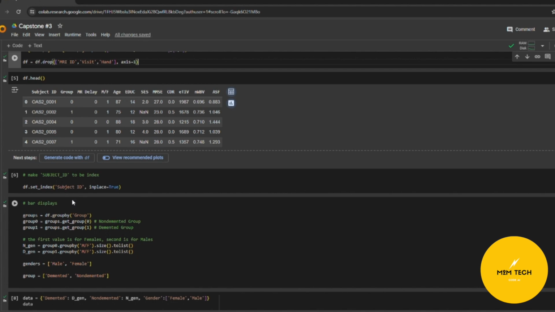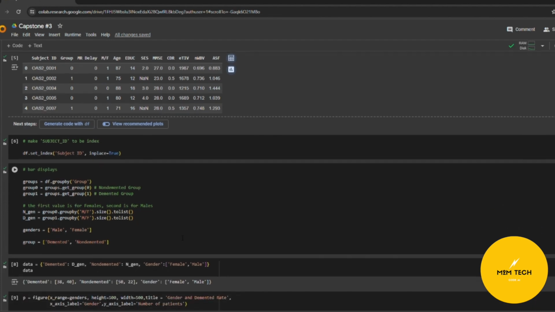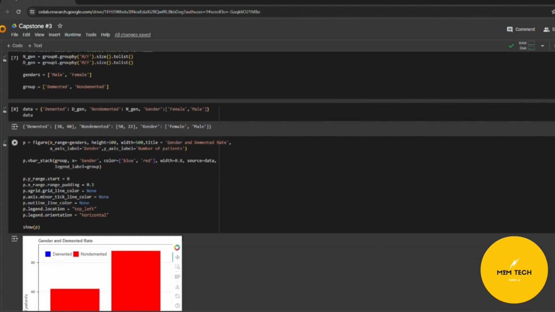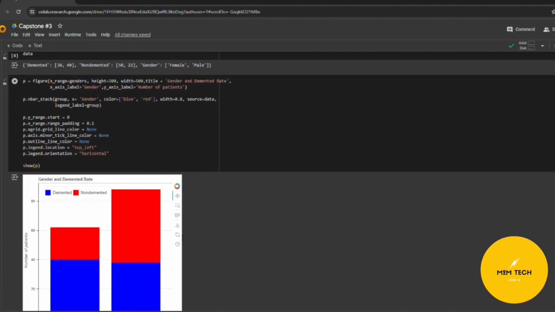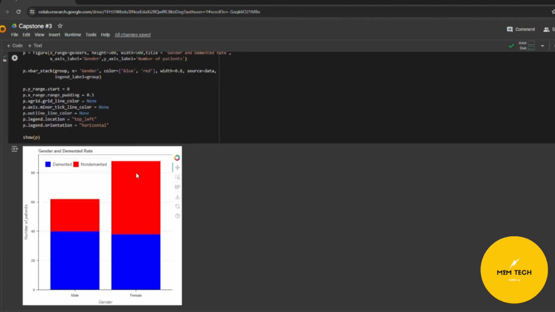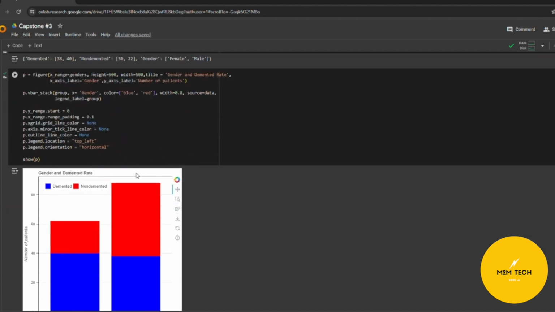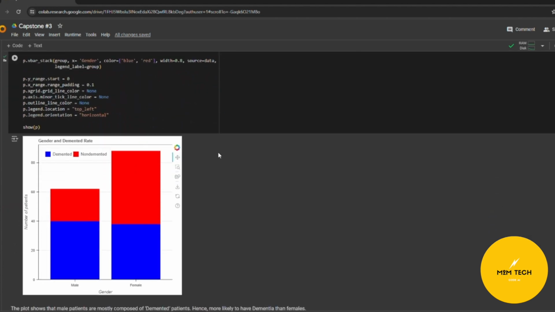So I've decided to create some visualizations to see some relationships and trends in my dataset. One of these that I want to see is the demented rate based on gender. So what I did was to create a stacked vertical bar chart for this.